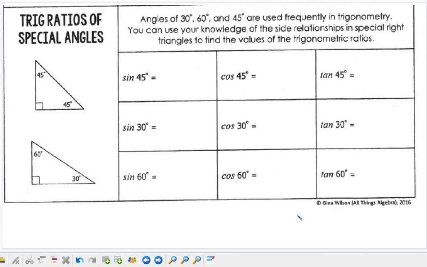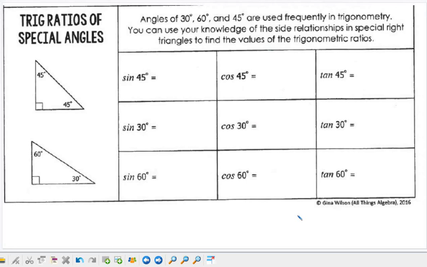Now this gives you some exact values for sine, cosine, and tangent by using right triangles. This is something that I would hope we can get to, but I don't know that we're going to have time to make it there. If you've talked to anybody in Algebra 3, they do this using the hand trick.